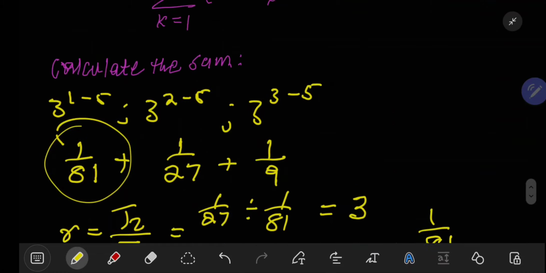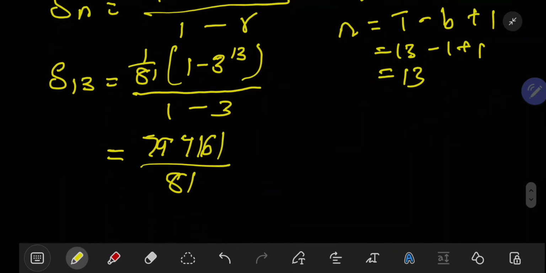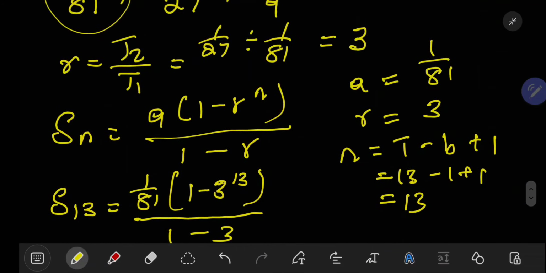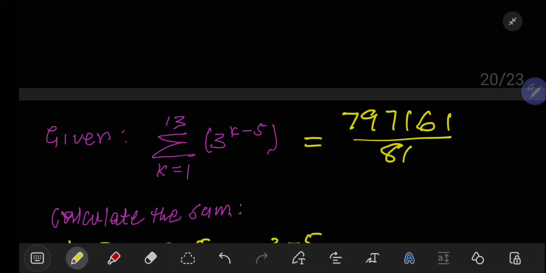So the sum of this geometric series of 13 terms is equal to this value. Okay, I hope it doesn't confuse you.